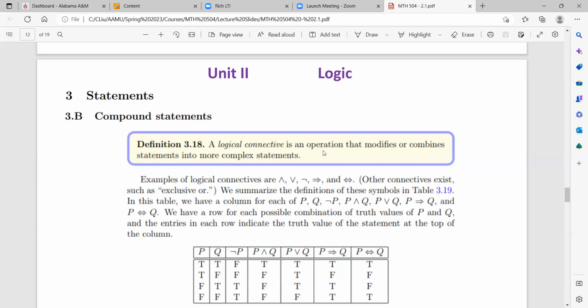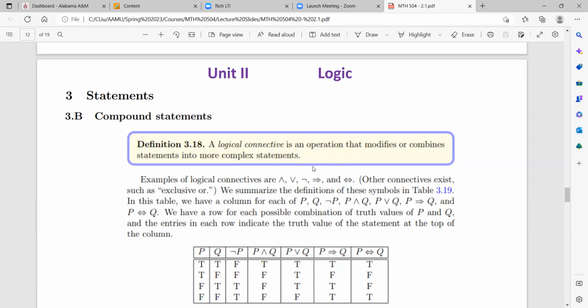So the four compound statements we already talked about: we have and, or, negation, implication, if and only if.